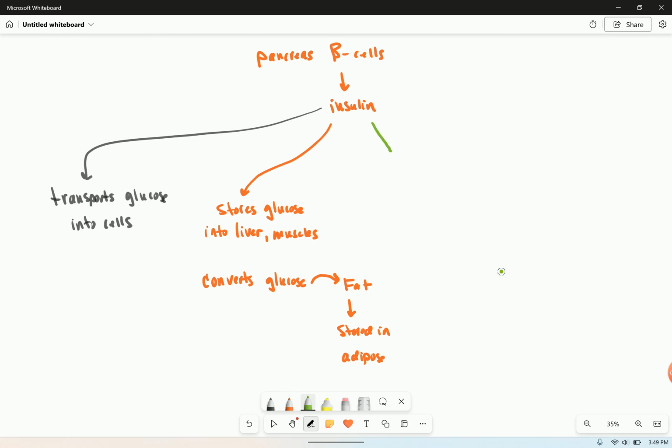Insulin inhibits glucagon, and we'll talk about glucagon in a minute. And insulin lowers blood sugar levels.